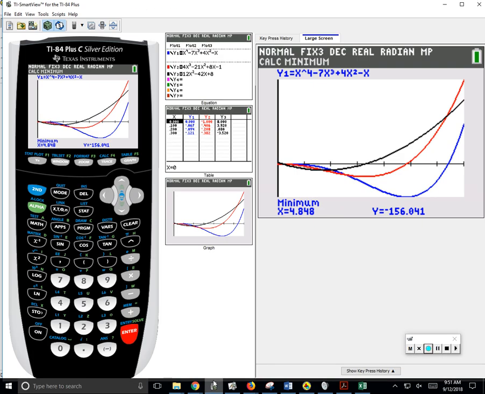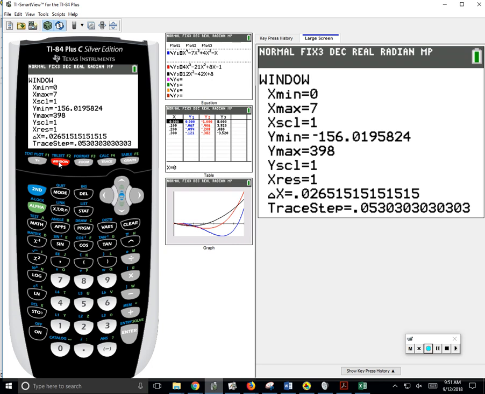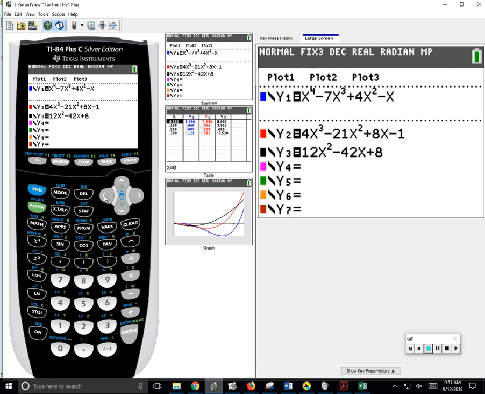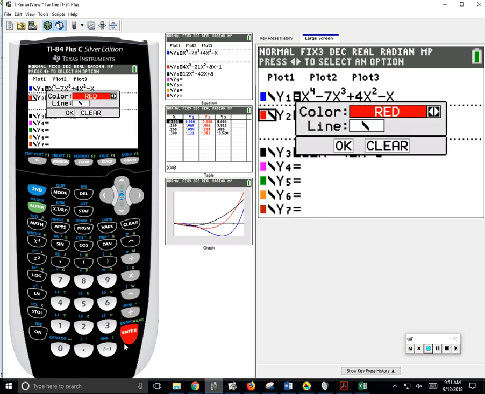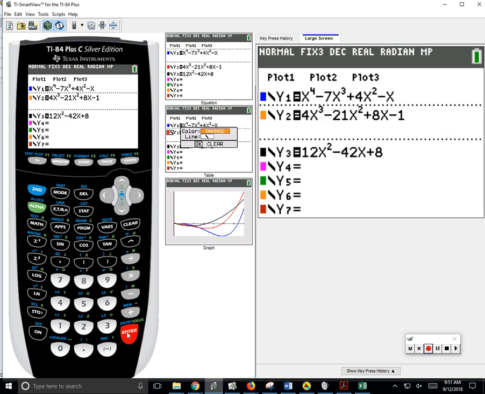So let's go window. Let's change the colors. So the velocity is orange. Position is blue. Acceleration is red.